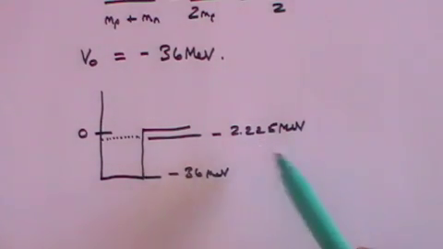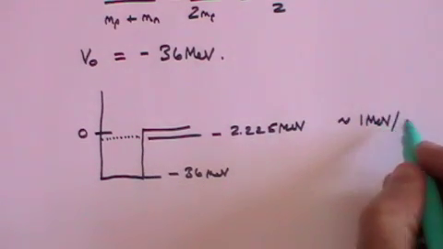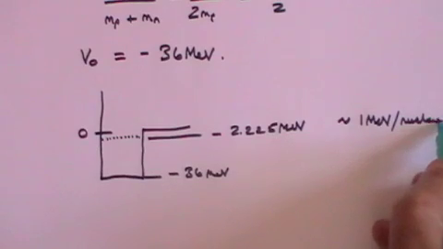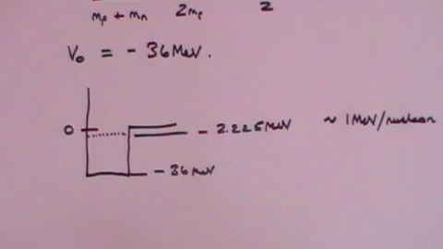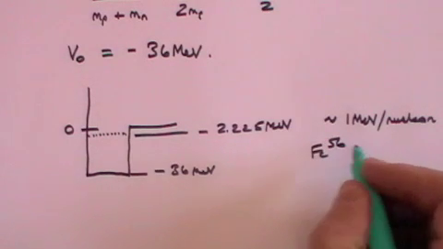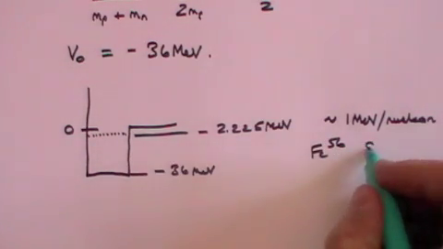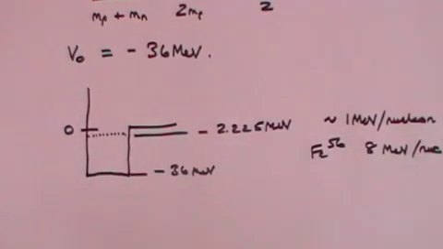There are two nucleons. The total binding energy is 2.225 MeV, so that's very roughly 1 MeV per nucleon. Whereas you'll remember from the chart that was produced, when you get up to iron 56, which is the most tightly bound, that is of the order of 8 MeV per nucleon. So the nucleons in iron are much more tightly bound than the nucleons in a deuteron.